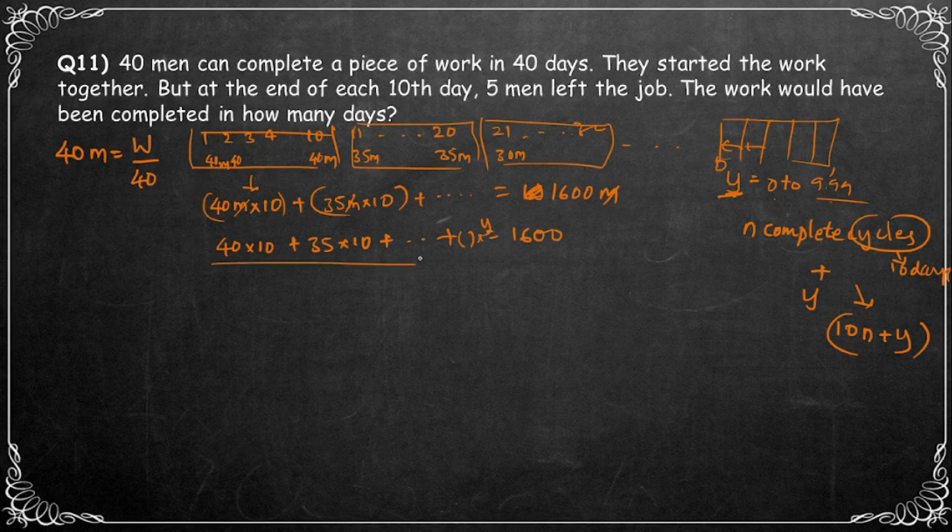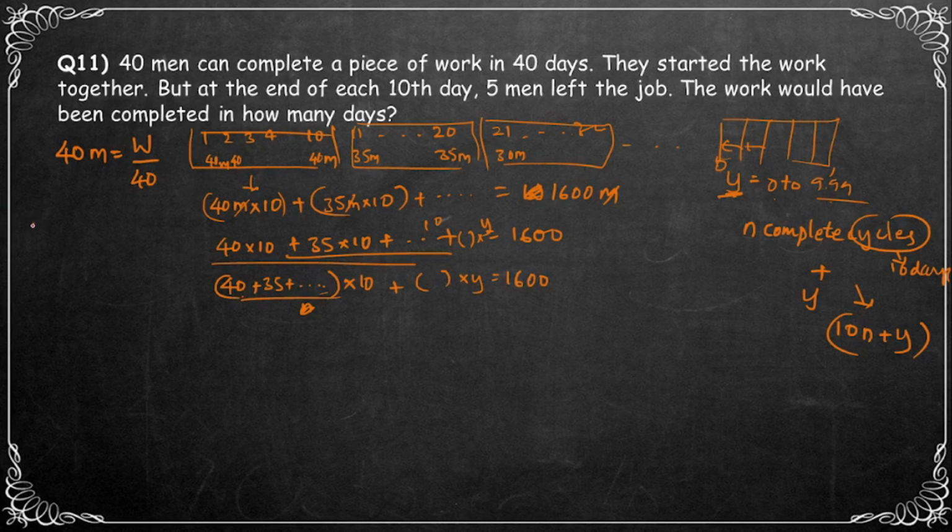So if we see these terms, these are complete cycles, right? So 10 will be present in all of them. We can take 10 common. So that means 40 plus 35 plus it goes on like that. We don't know, let's say n terms. We assumed n complete cycles into 10 plus some number of men into y is equal to 1600. Now this is an arithmetic progression, which is the sum of n terms.